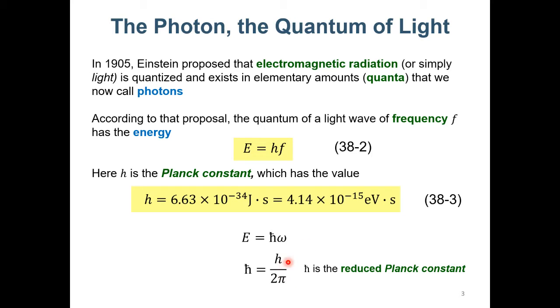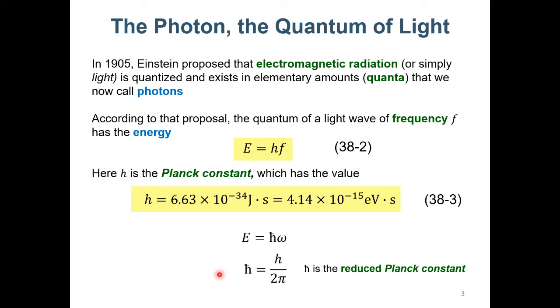We just divide h by 2 pi. So in quantum mechanics or modern physics, for some of the formulas, if we use h bar, it will look simpler. But for some of the equations, if we use h, it will look simpler. So it depends on the formula you need to use.